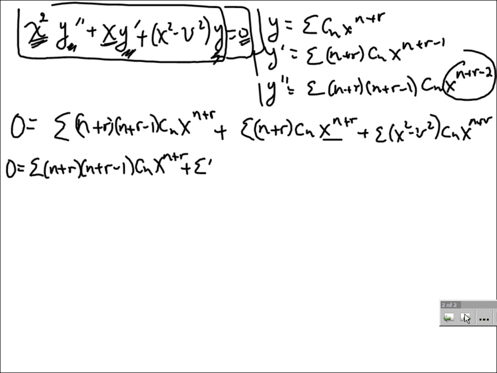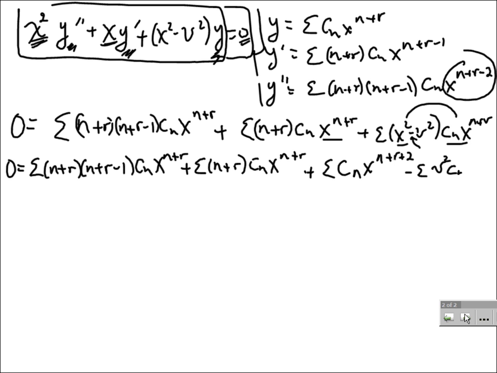The third summation I'm going to distribute and make it two summations. The summation of x squared times c_n x to the n plus r. So it's going to become the summation of c_n x to the n plus r plus 2, minus the summation of v squared c_n x to the n plus r.